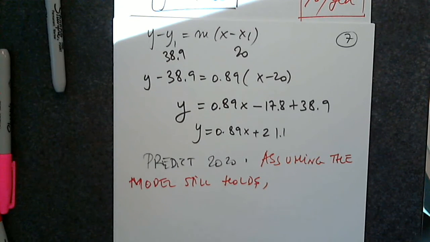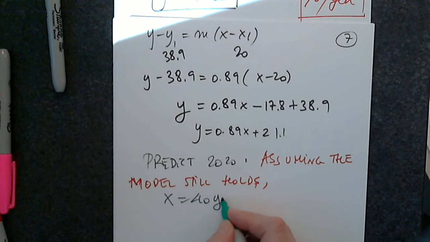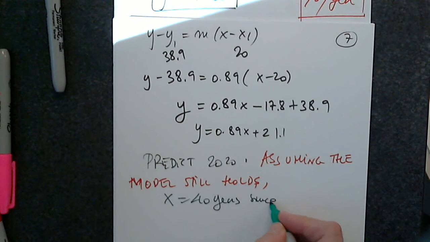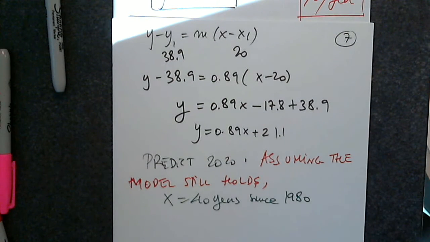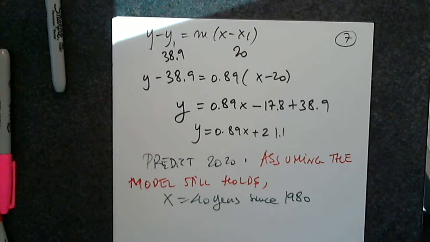I have to plug in x, replace x by what? Exactly. X equals 40 years since 1980. Indeed, X is the number of years. That's why I wrote it twice for everyone to remember that. X is the number of years since 1980.